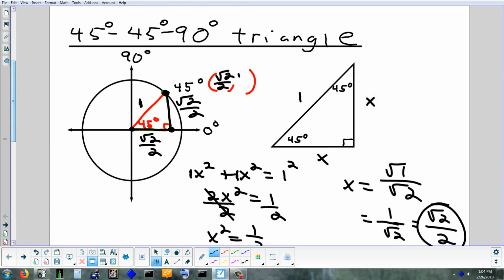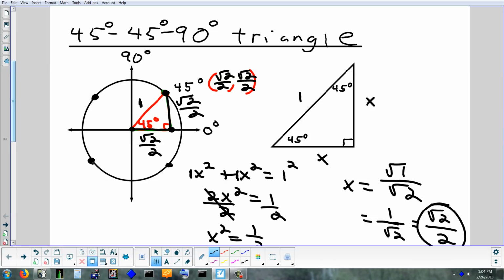Square root 2/2, square root 2/2. Anytime you're dealing with an angle that's a multiple of 45, 45, 135, 225, 315. Those are these 4 points I just said. The coordinate always has to do with square root 2/2's.